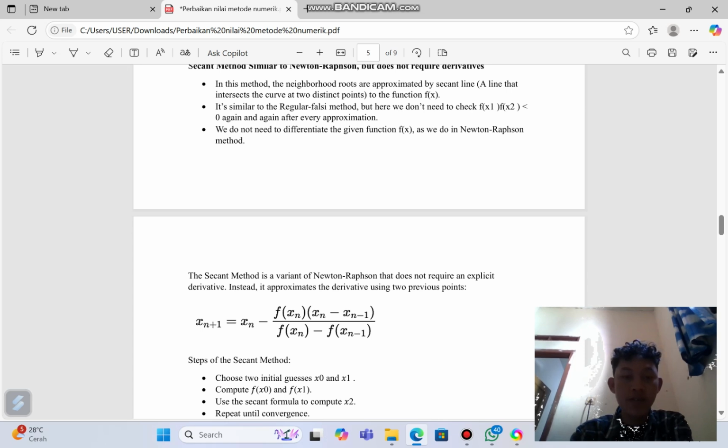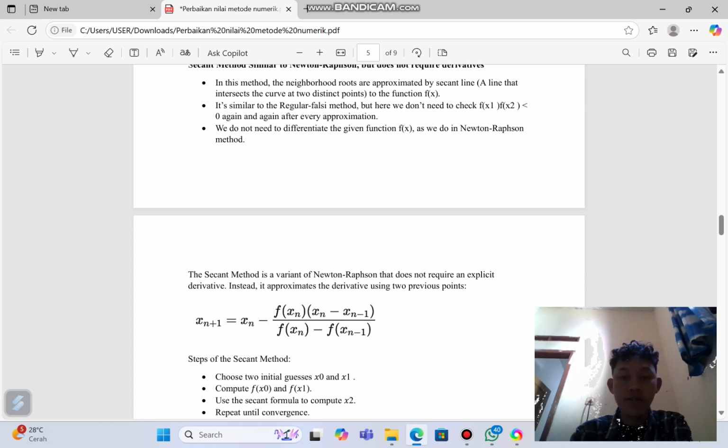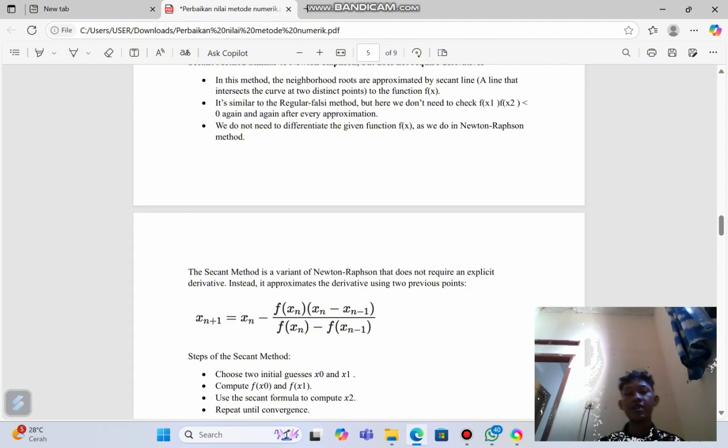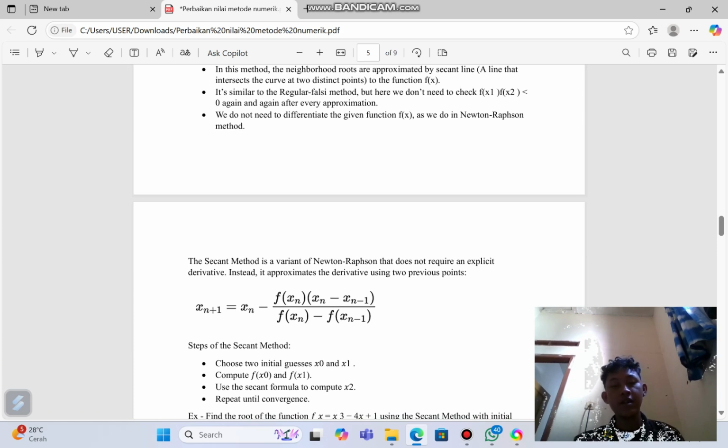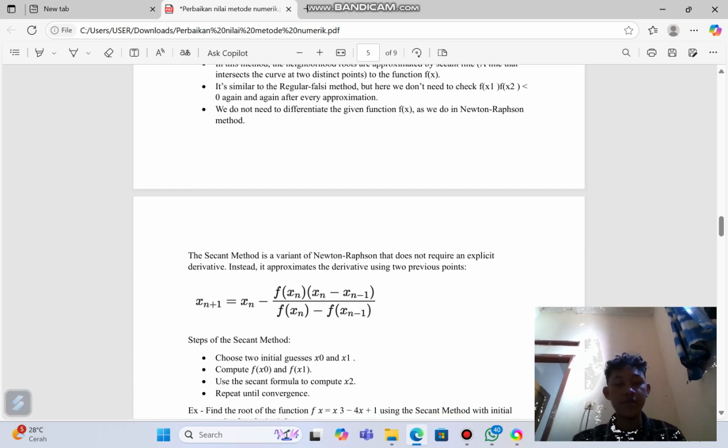It's similar to the regula falsi method, but here we don't need to check f(x1) times f(x2) less than 0 again and again after every approximation. We don't need to differentiate the given function f(x) as we do in Newton-Raphson method.